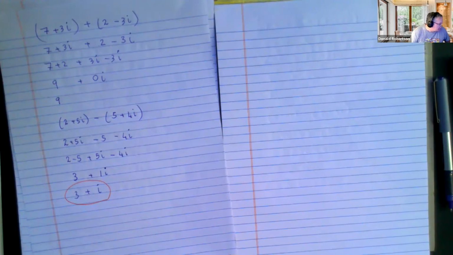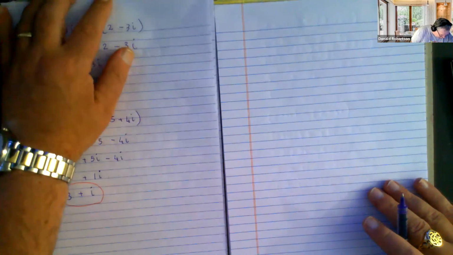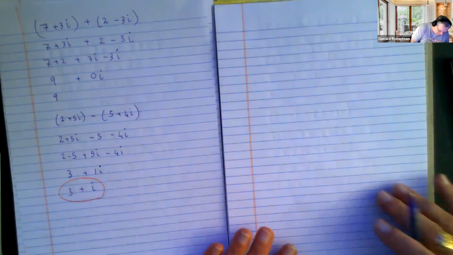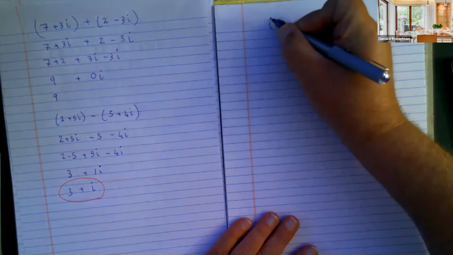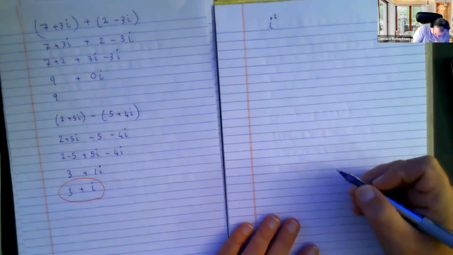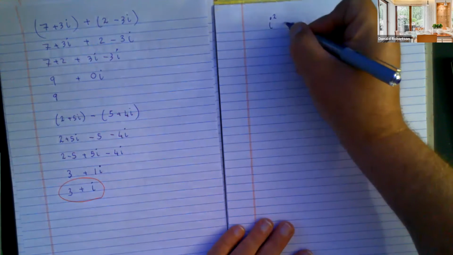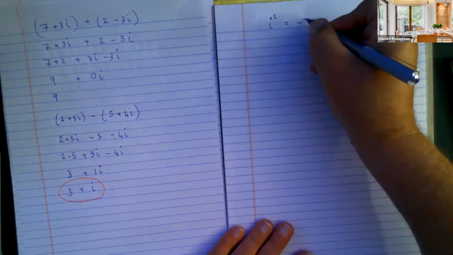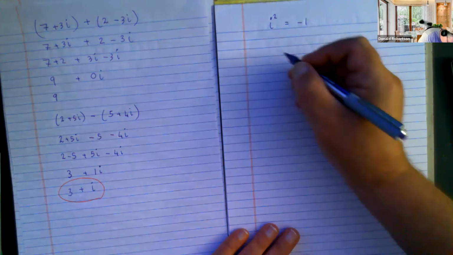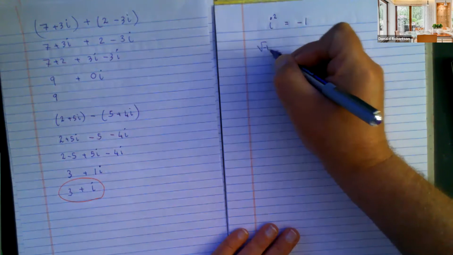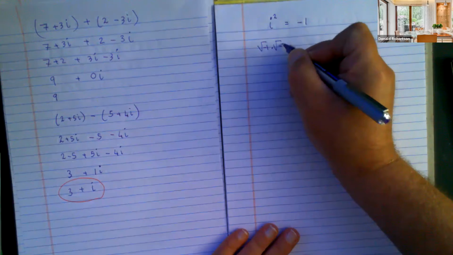Well, how about multiplying? Multiplying causes its own little idiosyncrasies. So before I show you multiplication, I want to show you an idiosyncrasy. If I said to you, what number is i squared? The correct answer is -1. And the reason for that is that this is the square root of -1 times itself.